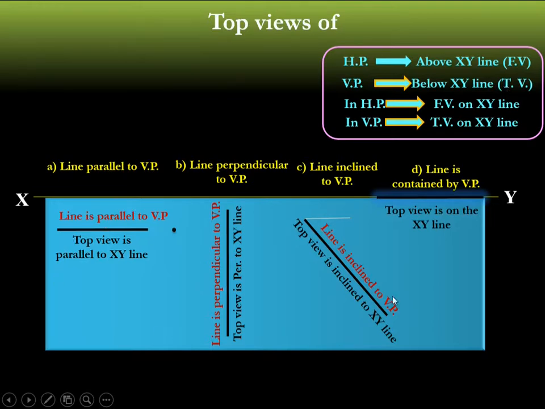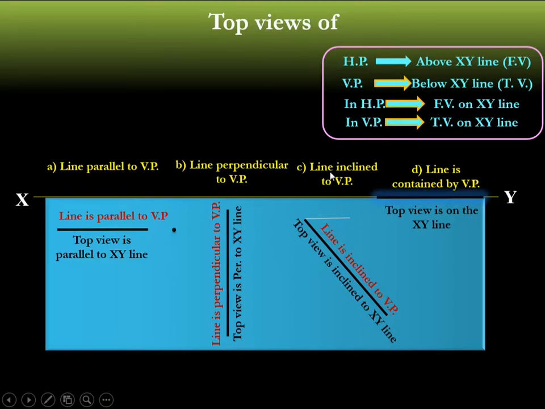From this diagram, we can understand that whenever the straight line is parallel to vertical plane, its top view will be obtained below the XY line and it will also be parallel to XY line. Whenever a line is perpendicular to vertical plane, its top view will also be perpendicular to XY line and it will be obtained below the XY line.